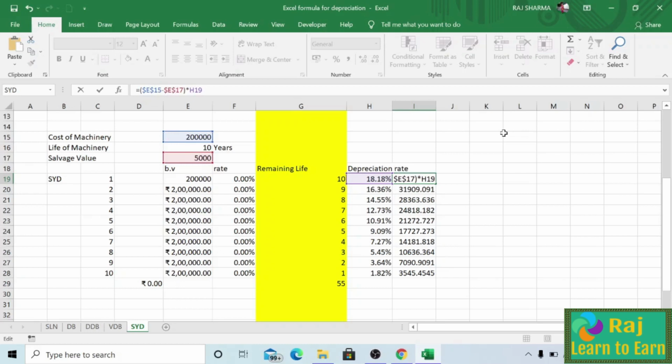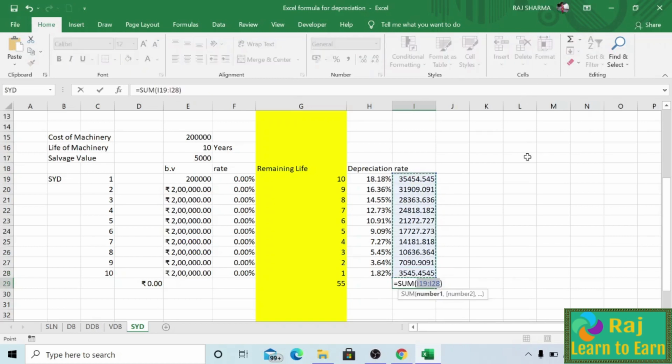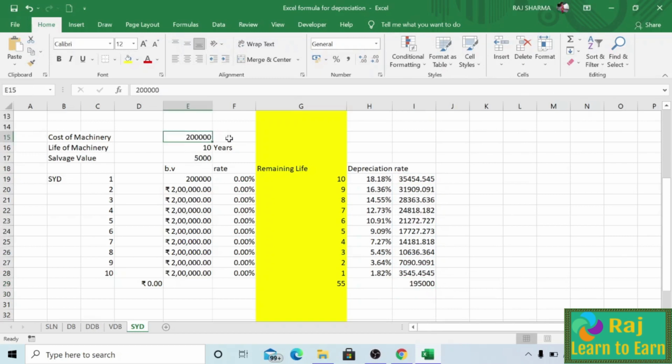So I've frozen those two cells and kept this cell variable, and then I drag it. So the first year depreciation is 35,454, and the last year depreciation is 33,545. The total depreciation charged is 1,95,000. So 1,95,000 plus 5,000, which is the salvage value, is equal to my initial cost of machinery.